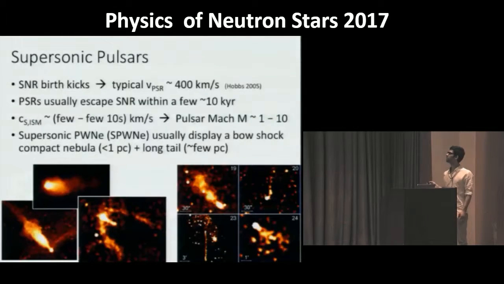So typically Mach numbers are on the order of 1 to 10, although they can be higher. Supersonic pulsar wind nebulae consequently usually display a bow shock compact nebula, which can take many different forms, and sometimes a long tail, although not all show tails, and some show a tail without a compact nebula, so that's also another thing.